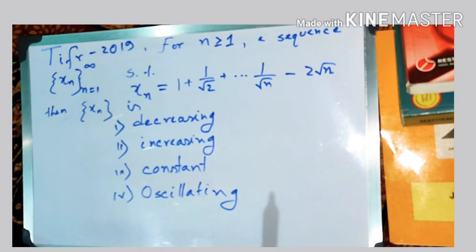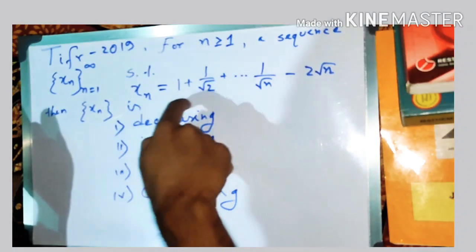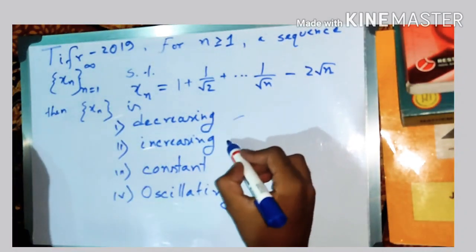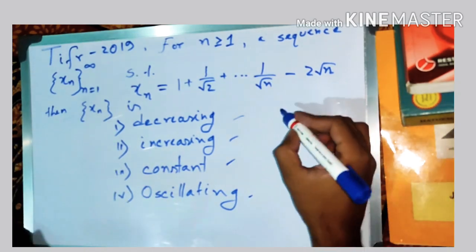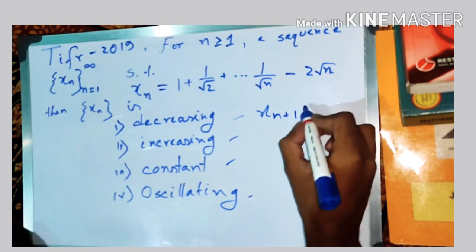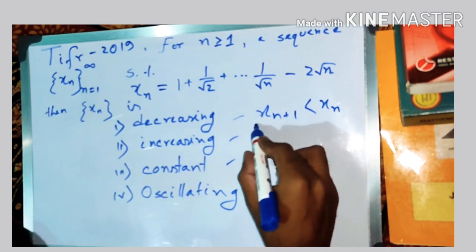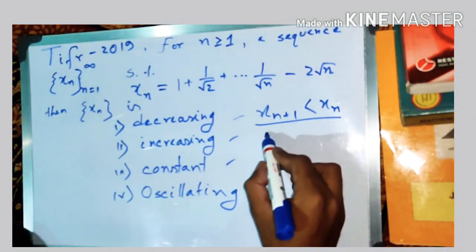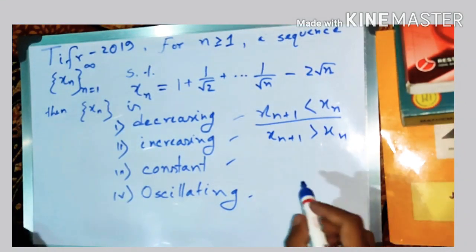Now let's start with the solution. We have to check whether xn is decreasing or increasing or constant or oscillating. If xn plus 1 is less than xn, then it is decreasing. If xn plus 1 is greater than xn, then it is increasing.